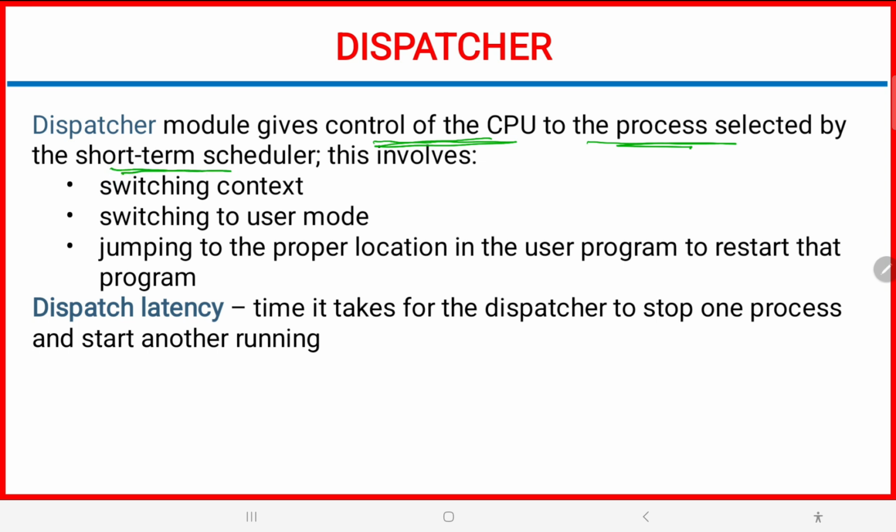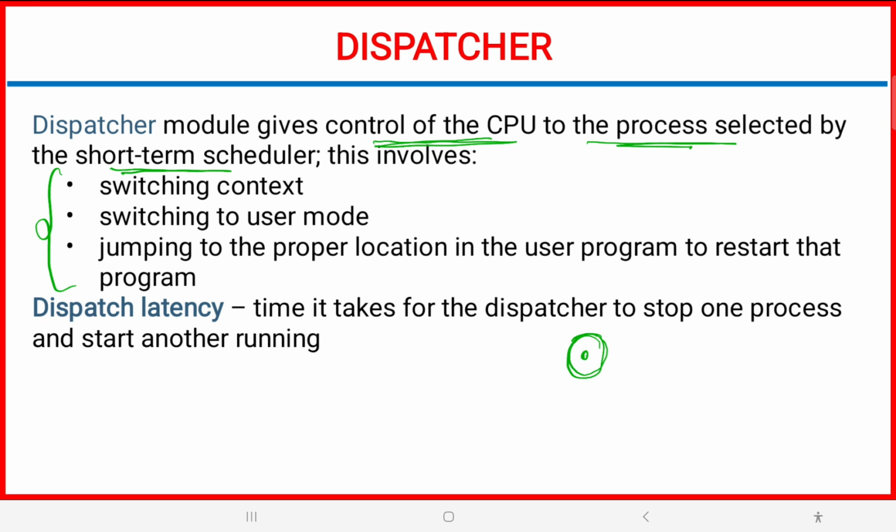So as far as this exercise is concerned, it involves a few things. We have already read about this part in the previous process scheduling part. Some process which was already executing, so first of all we need to save the state of that process, and also we need to load the state of the new process. We need to reload it so that the CPU can start working on that process.